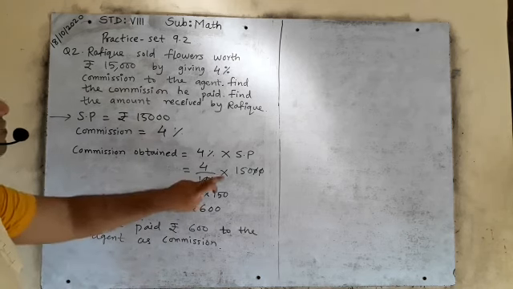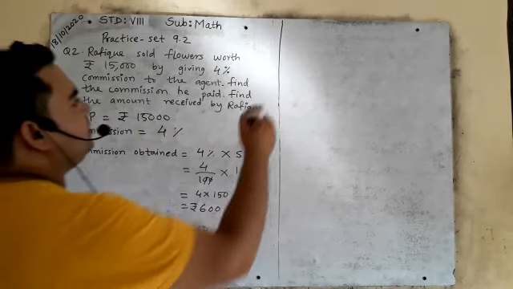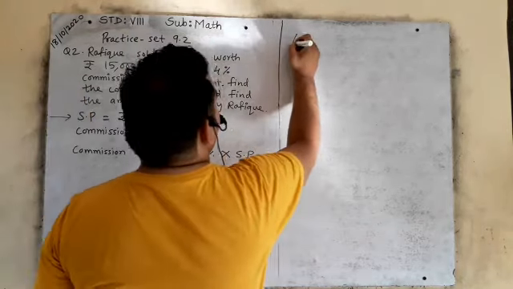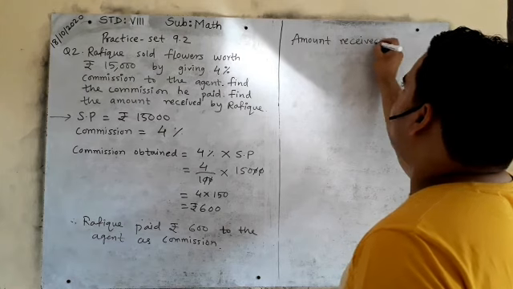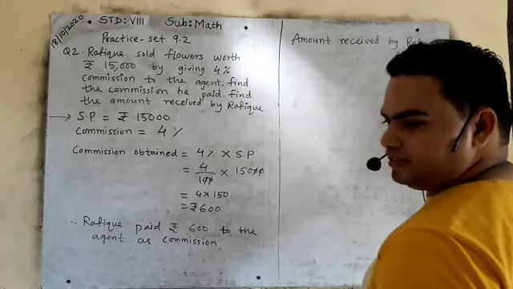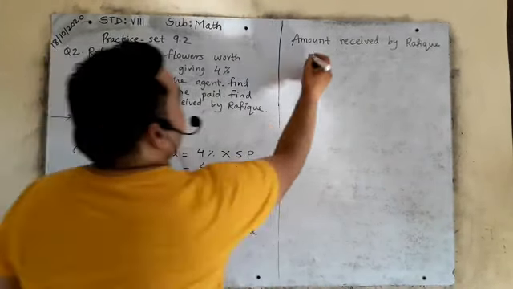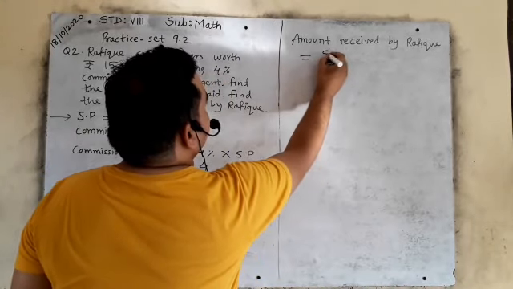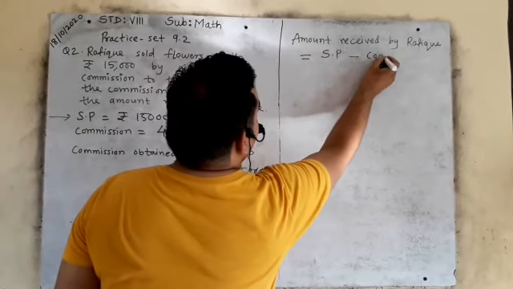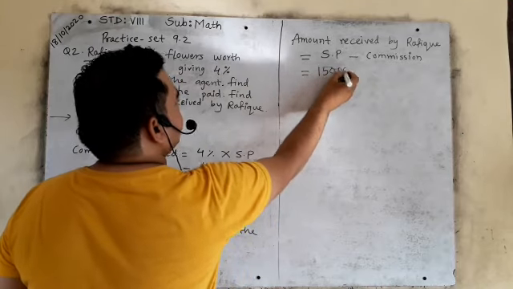Now 15,000 Rafiq received from a buyer, right? So now you will find the amount received by Rafiq. Amount received by Rafiq is equal to selling price minus commission. Selling price was how much? 15,000.